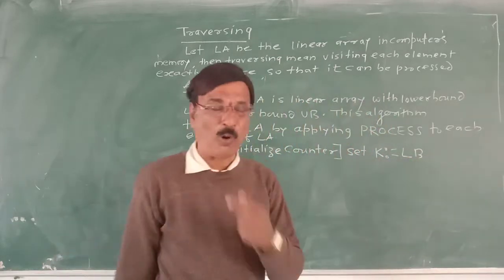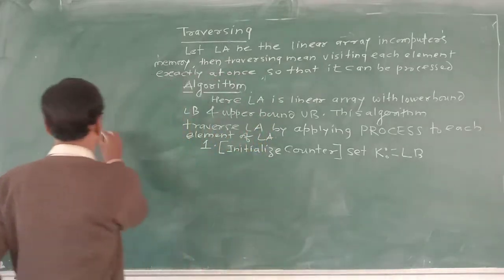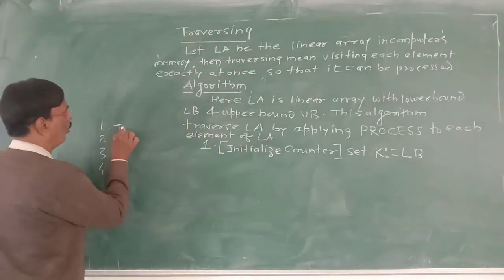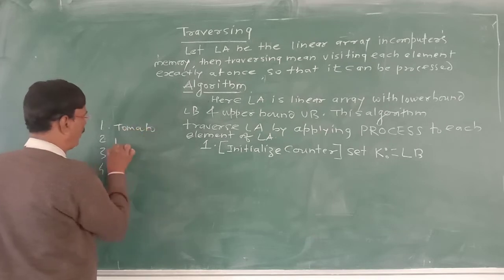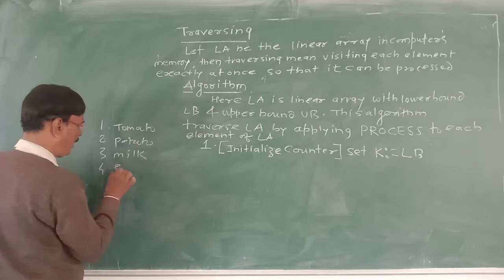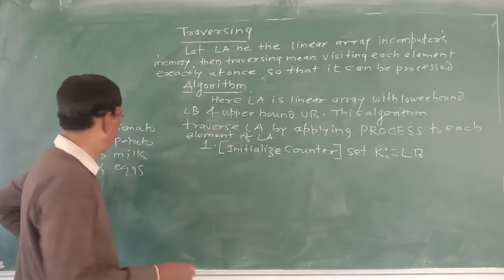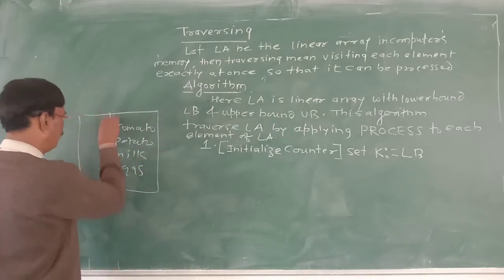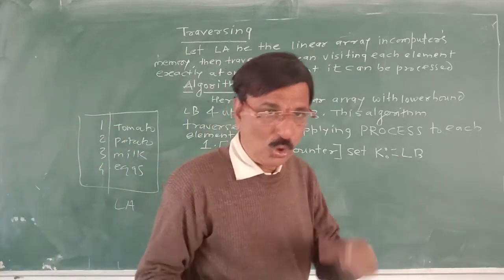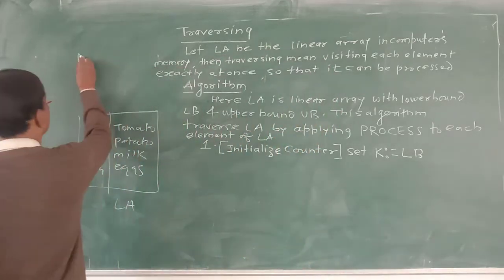As we have seen, the lower bound is 1. Let us draw the list: 1, 2, 3, 4. Tomato, potato, milk, eggs. This is the linear array.